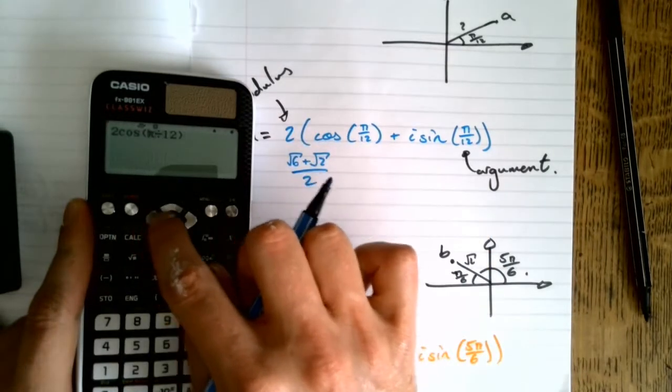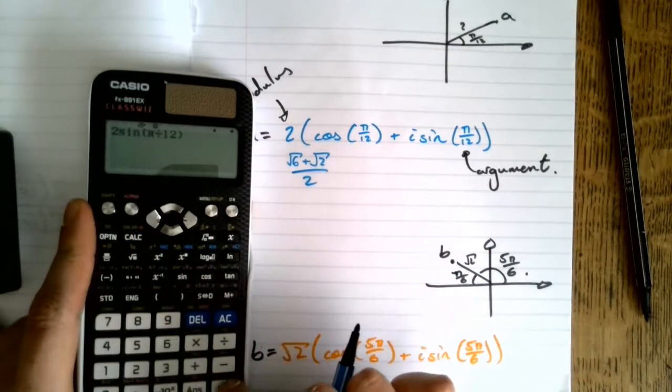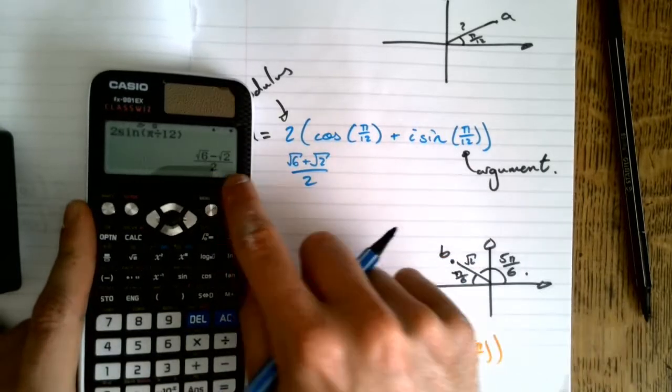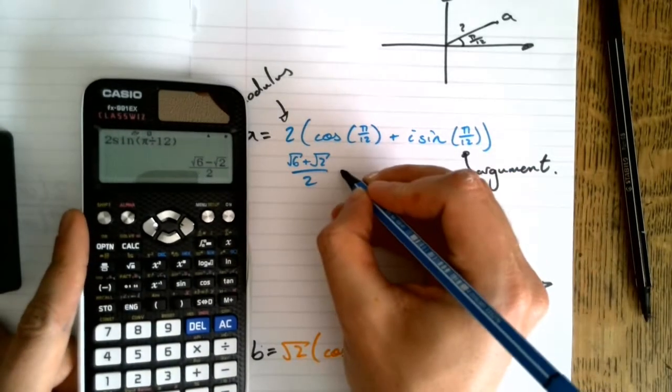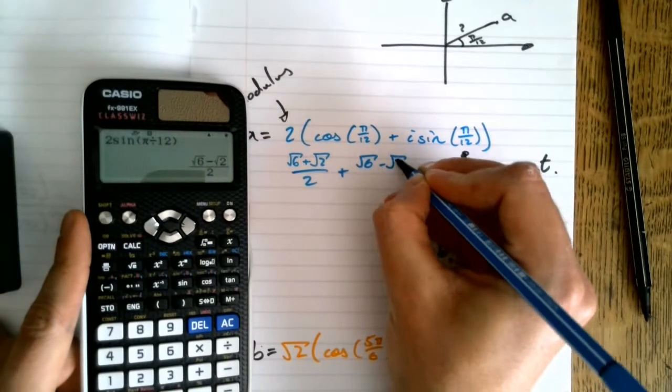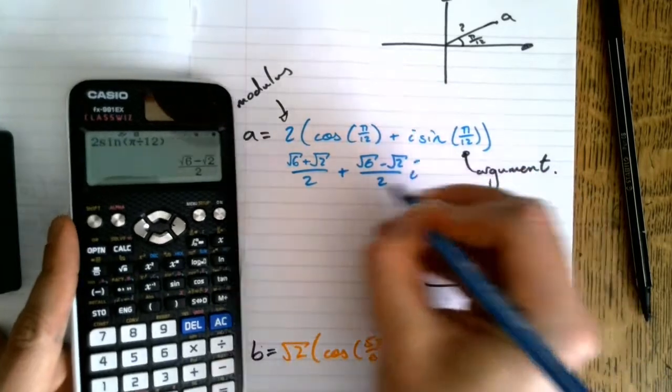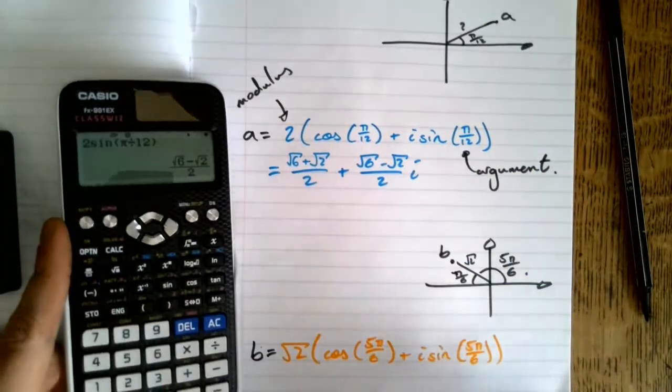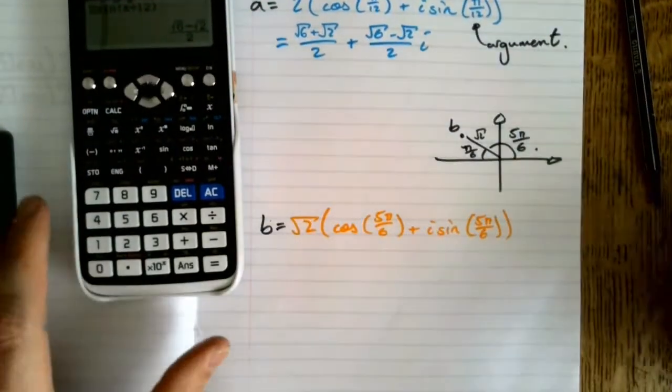What if we change that cos for a sine? Root 6 minus root 2 over 2. That's actually quite nice that turns out like that. Plus root 6 minus root 2 over 2 times i. Those two are the same. Let's do the same down here.